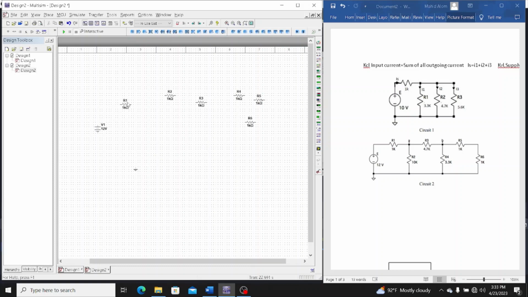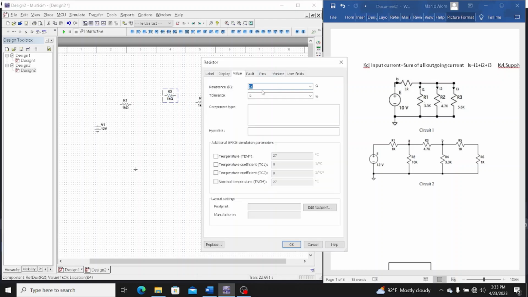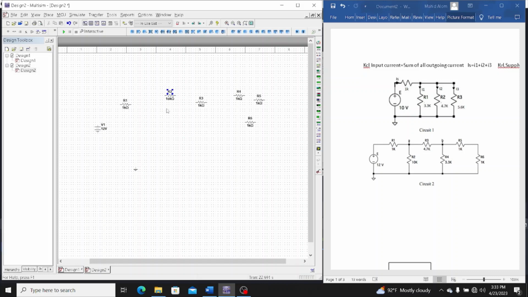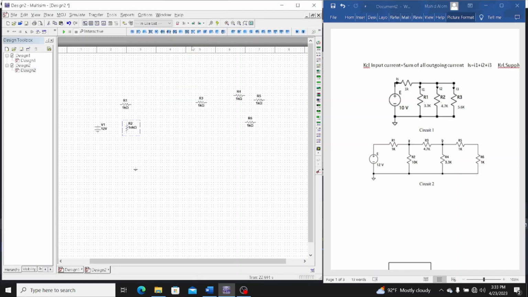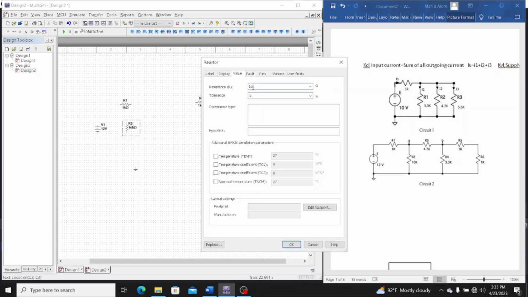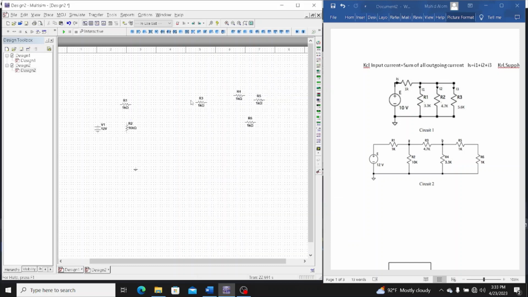So R1 is 1K, R2 is 10K, 10K, and I am going to rotate, and R3 is 4.7K.